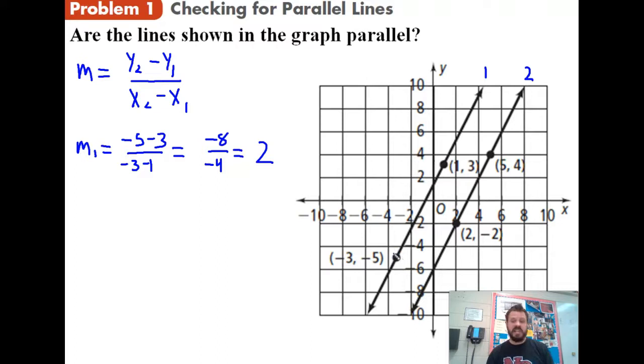Let's check and see if the second line has the same slope. We'll say m sub 2 is again equal to y minus y, so negative 2 minus 4, over x minus x, so 2 minus 5.